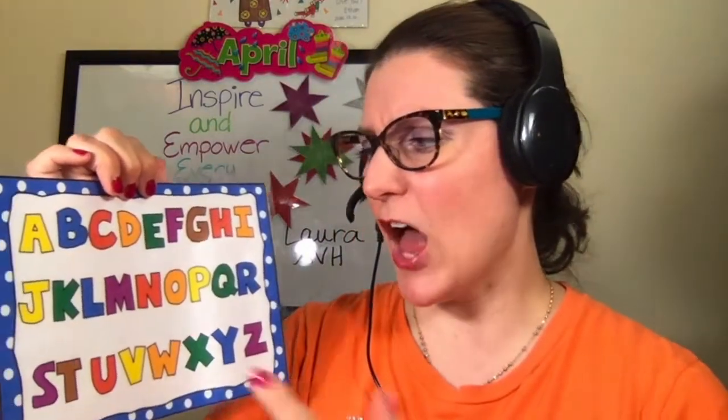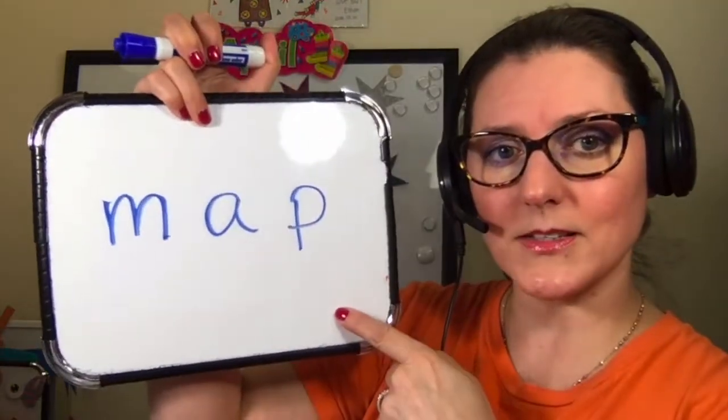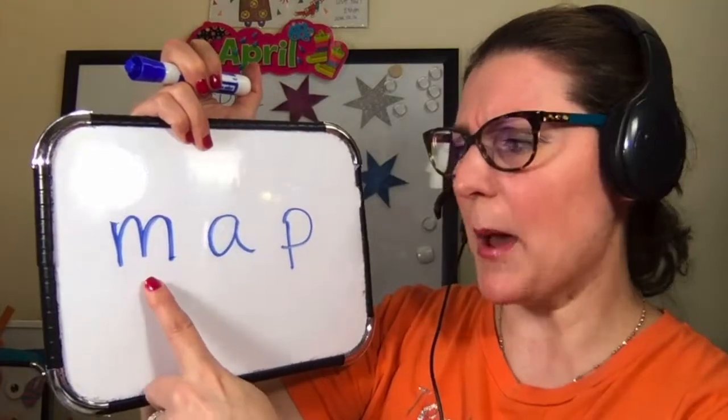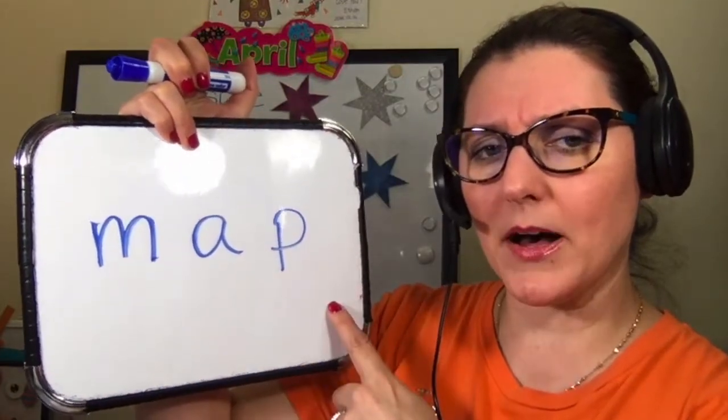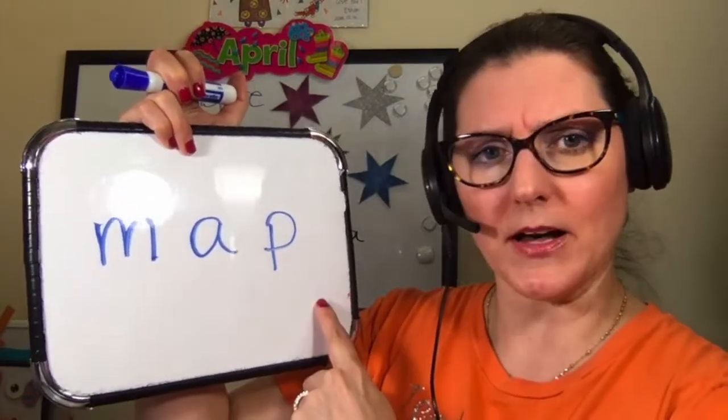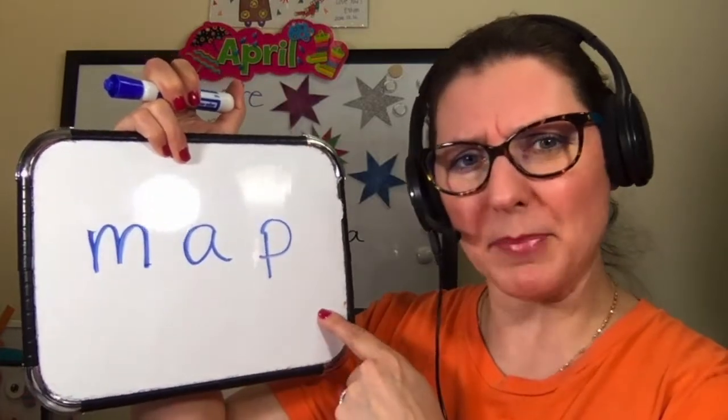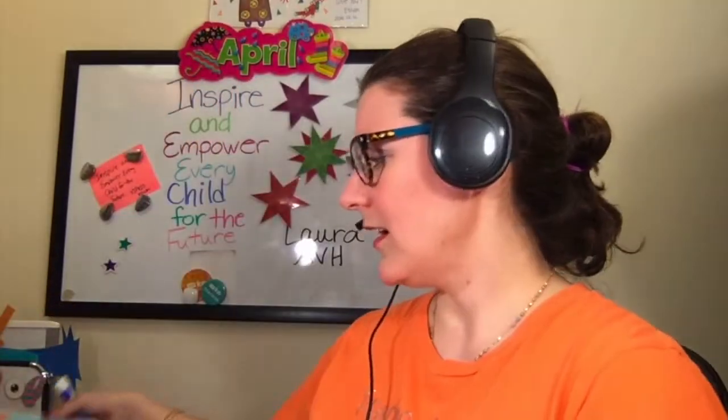Now, some of us grew up learning that M was ma or R is ra, but that doesn't work so well. For example, let's sound this out. If we say ma, a, pa, ma-appa. How do you like my ma-appa?